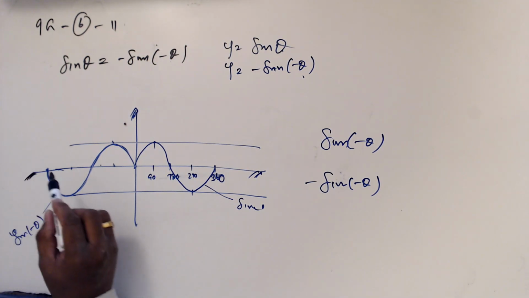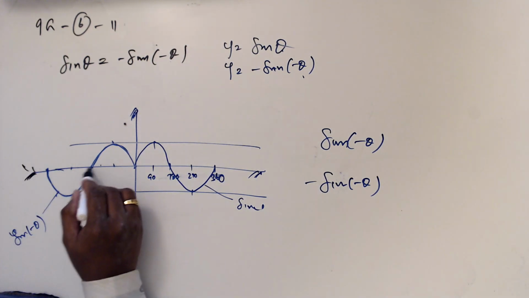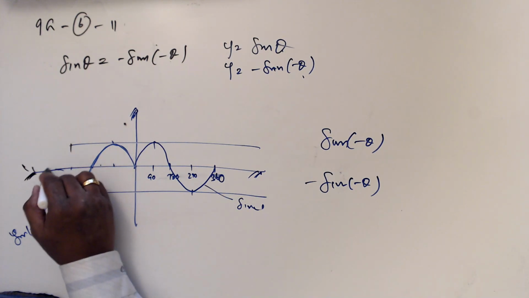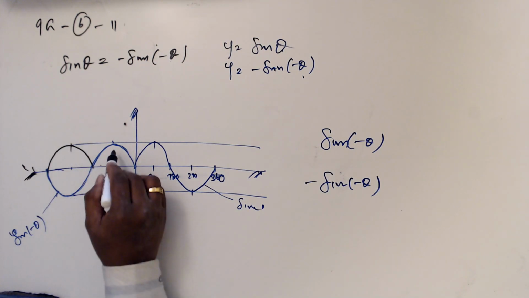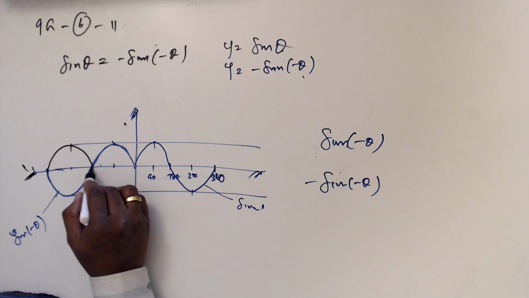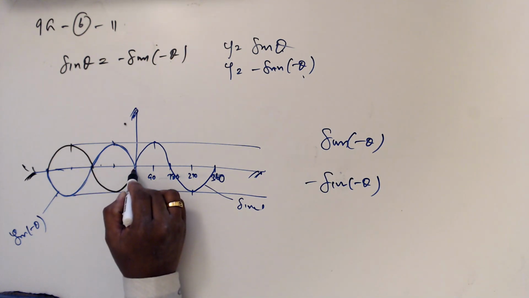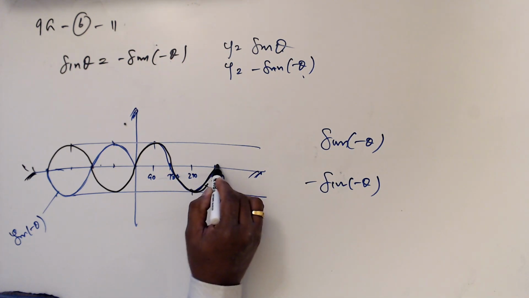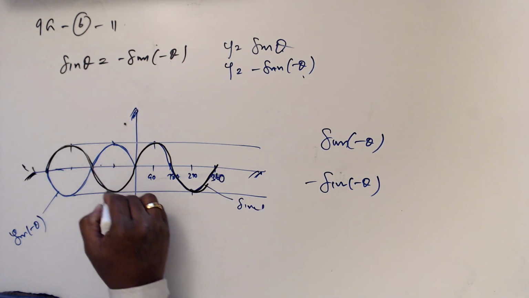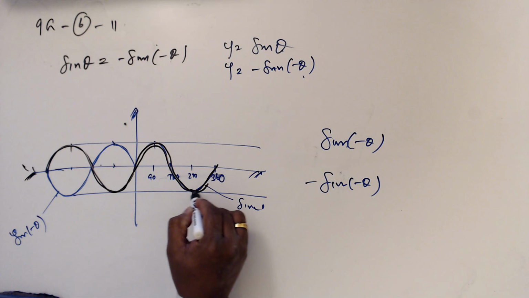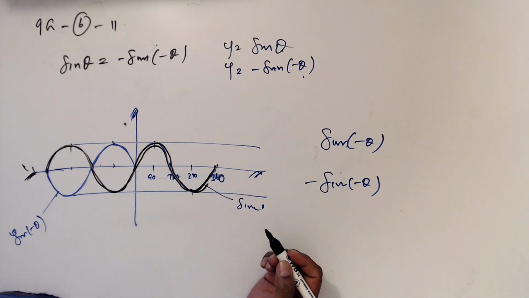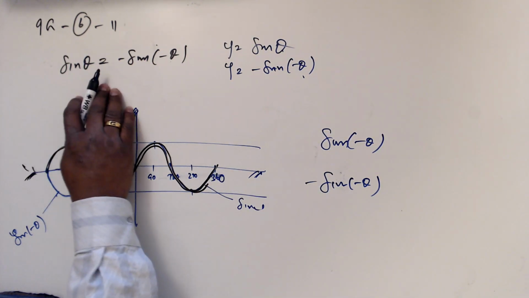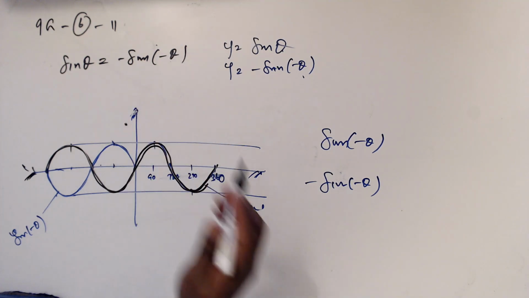If you keep a mirror here, you can see this part is going to be like this. Then you can see this part is going to be like this. And when you continue, what is this curve? Sine curve. This curve is going to be the sine curve. Hence sine theta equals minus sine minus theta.